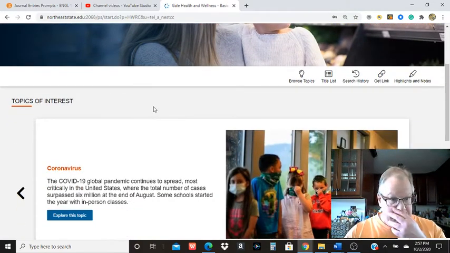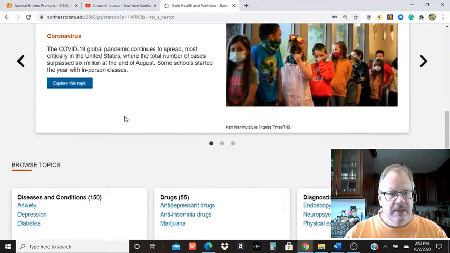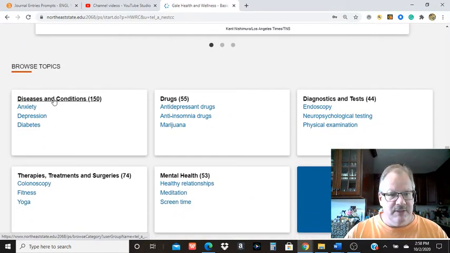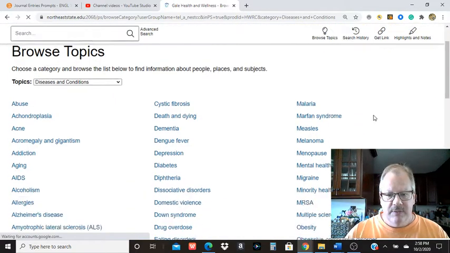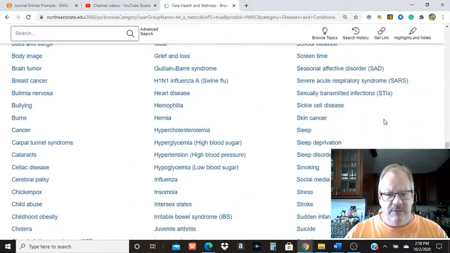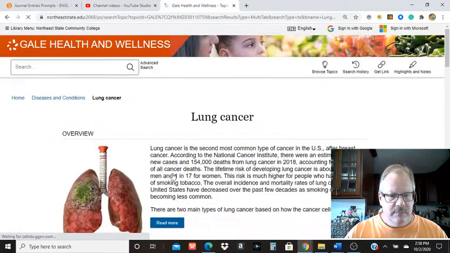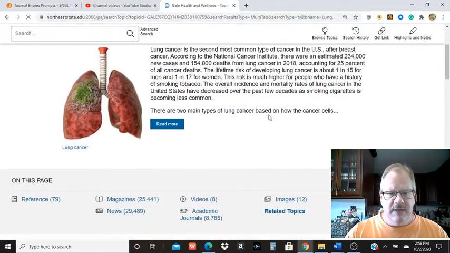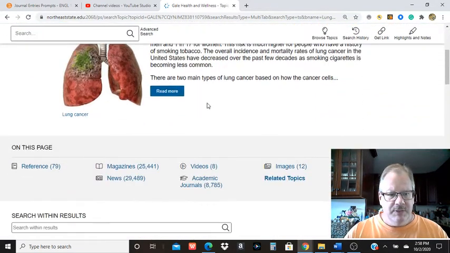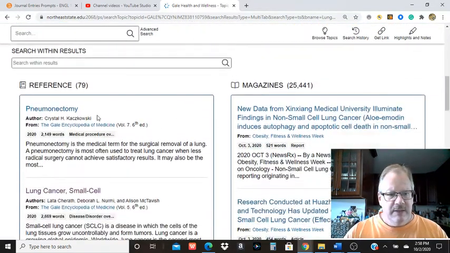There's different ways to do searches. You can just come down here to diseases and conditions if you have a fairly common concern. But like we'll come down here to say lung cancer. And you're going to see an overview there. You can click on read more. But also as you go down, you're going to see some other references.